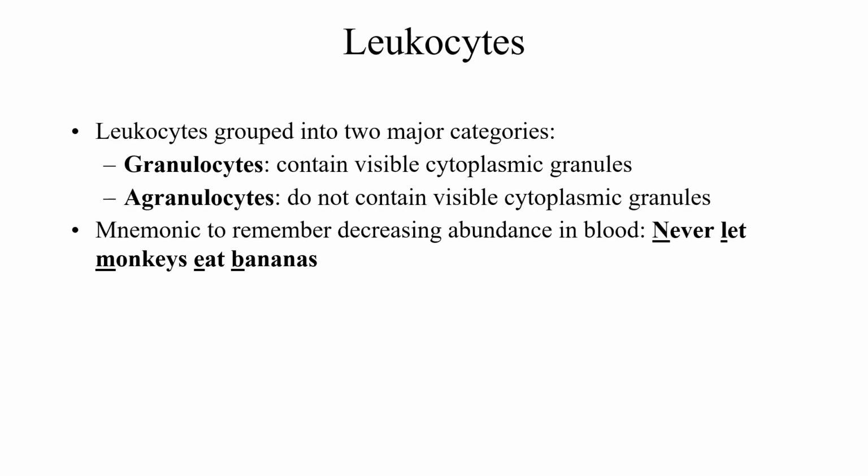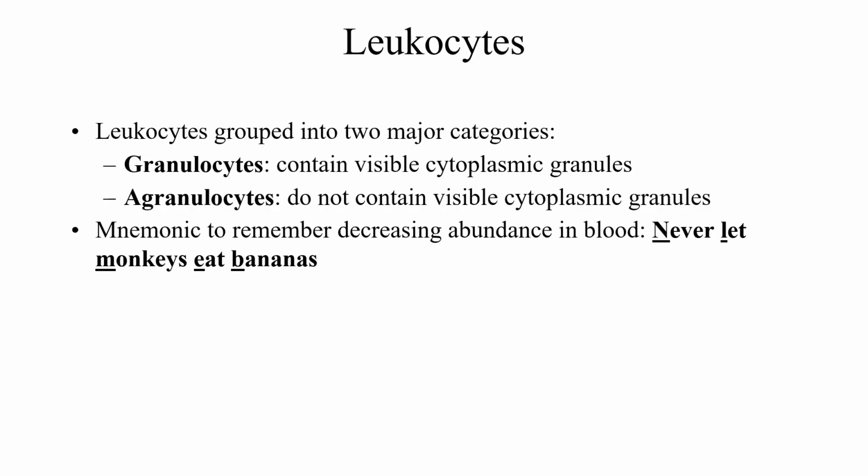So leukocytes are going to be grouped into two major categories. We have granulocytes, which are the white blood cells that feature granules within their cells, and these granules typically have proteolytic enzymes or other special enzymes that can help break down and breach the integrity of the walls of the pathogens or bacteria, whatever it is they're fighting.